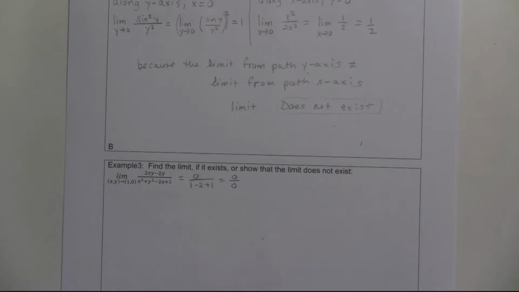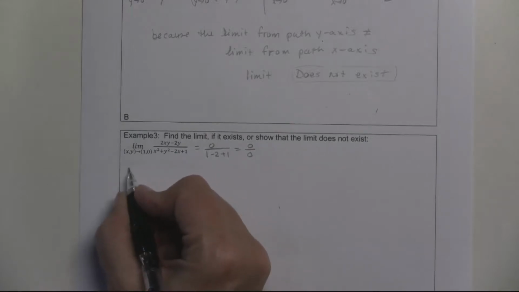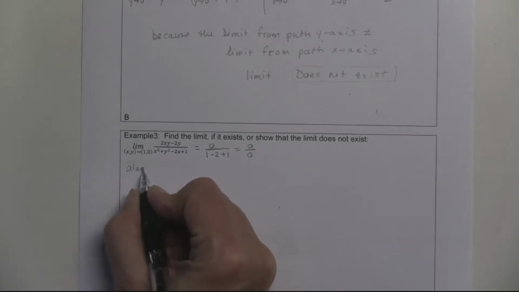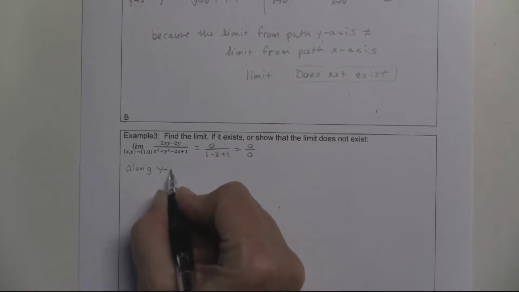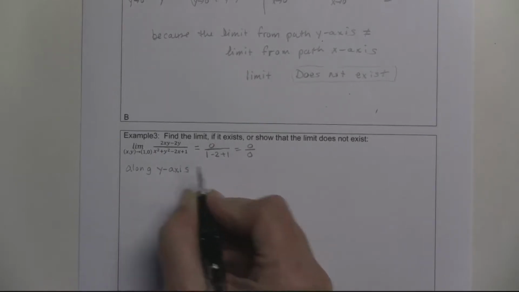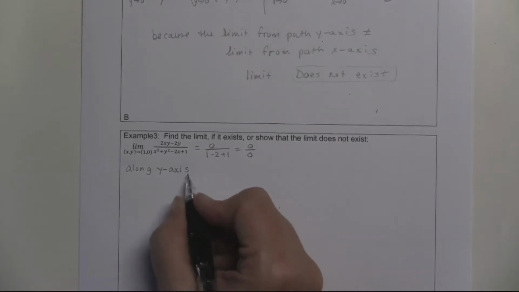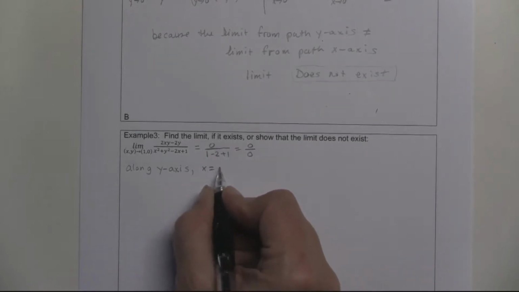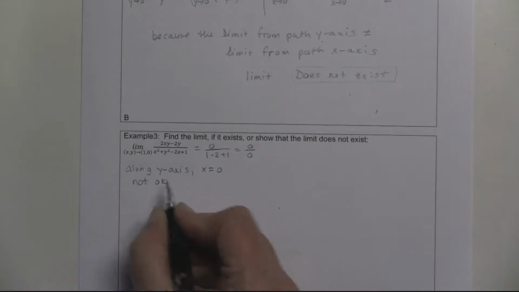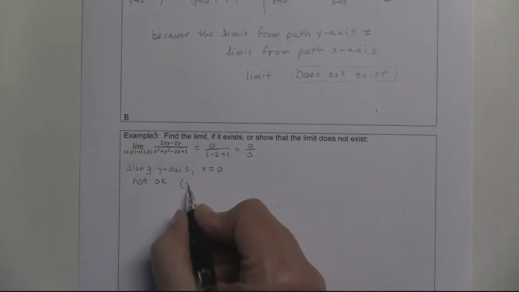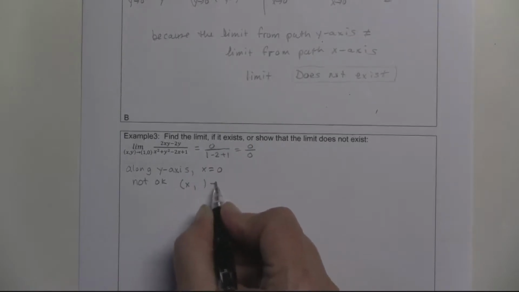And so what I want to do is look at going along some paths. Now, I just want to mention that if I think about going along the y-axis, that's the first path I used over there, one of my favorite paths, when x is 0, I just want you to see that that's not okay. And the reason it's not okay is because where was x approaching?